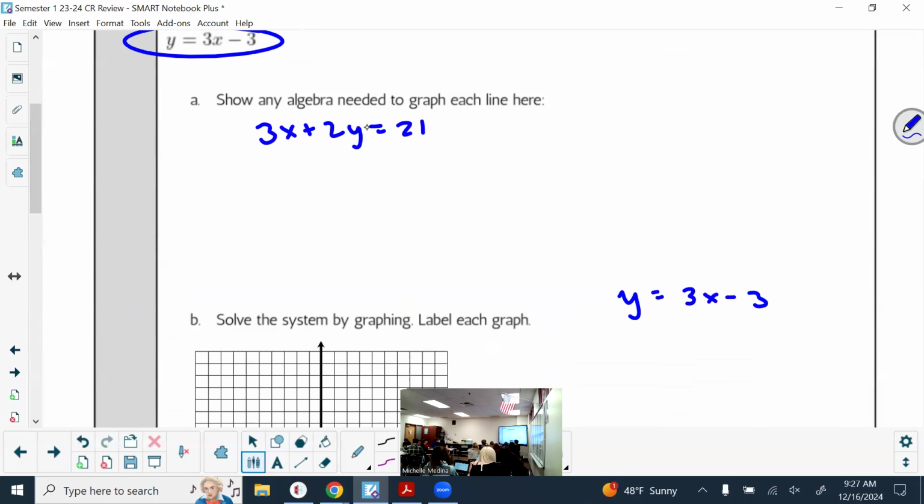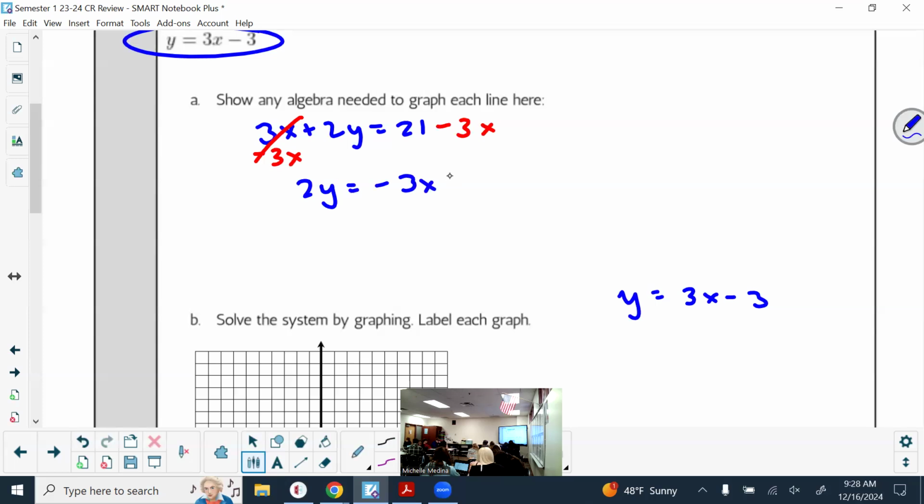So if I get the y alone, it'll be in slope-intercept form, and then I can graph it. So what would I get rid of first to isolate the y? What is farther from the y? The 3x. So this is like as a unit. How would I cancel out the 3x? Whatever you do on one side of the equal sign. So then I get 2y equals, you could leave it in this order if you want.